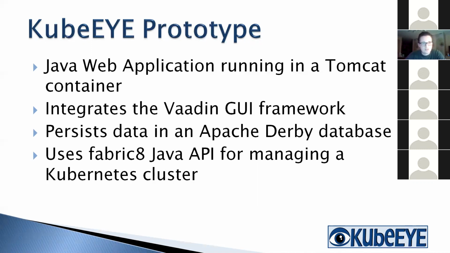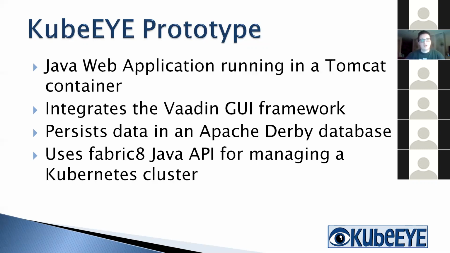This was just because we were familiar with it and used it in other projects, but there's no hard dependency on the database type. It could be another one in future versions. For the connection with Kubernetes, we integrated the Fabric8 Java API in our prototype. It may also be subject to change because we are facing some issues, but on a prototype level, it works very well.